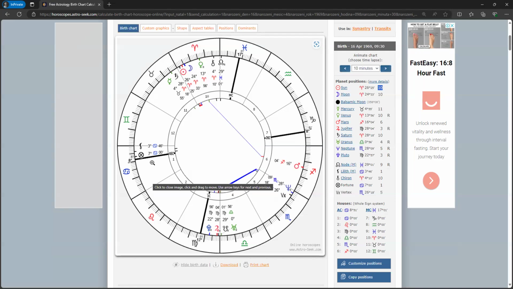Fixed: Leo, Aquarius, Scorpio, Taurus. Okay. And next thing is the elements. Elements are water, fire, air, earth. Okay. So air: Gemini, Libra, Aquarius. Water: Scorpio, Pisces, Cancer, okay, and so forth.